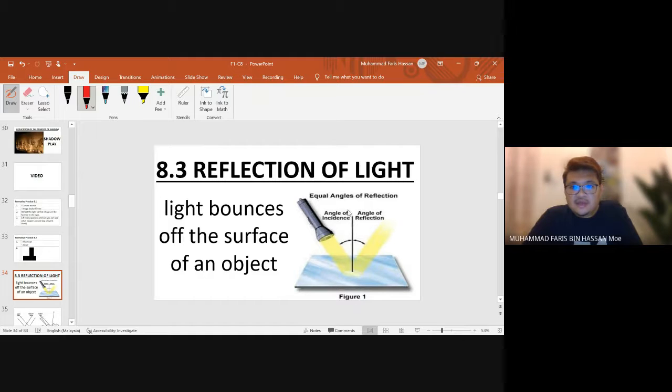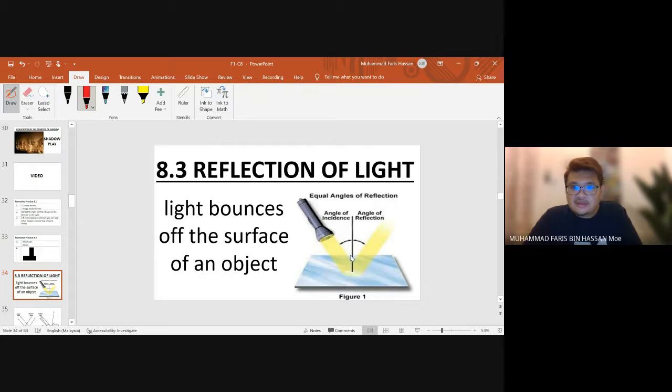Okay, as you can see here, in figure 1, there is a torchlight. When we switch on the torchlight, the light bounces off the surface. We can see the lights here, so it will reflect the light back when it goes to the plane mirror.